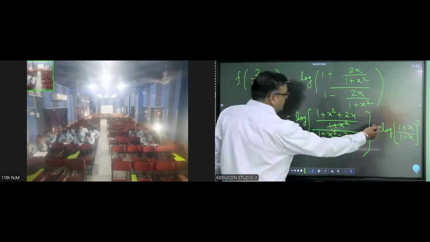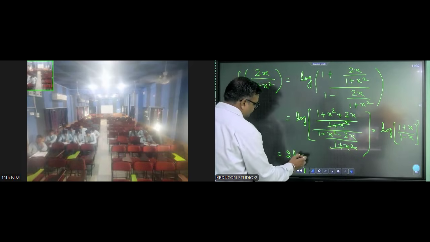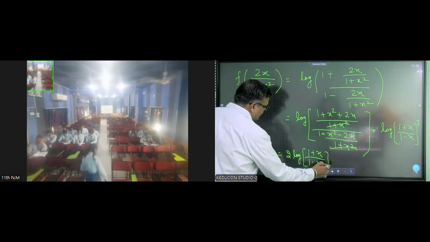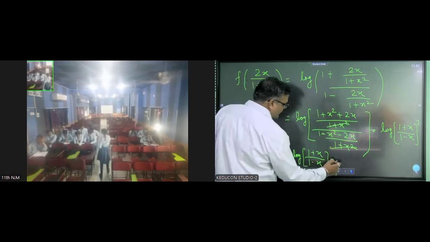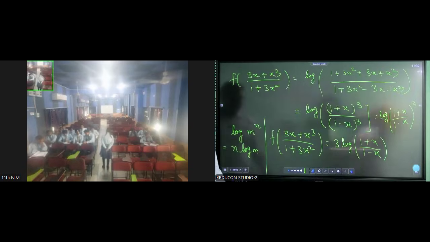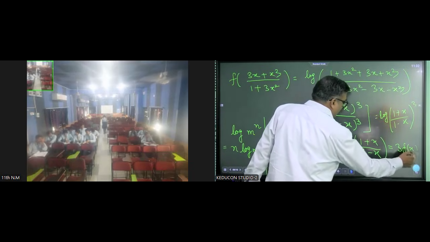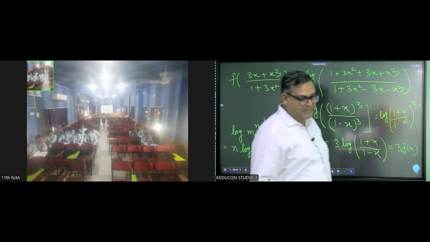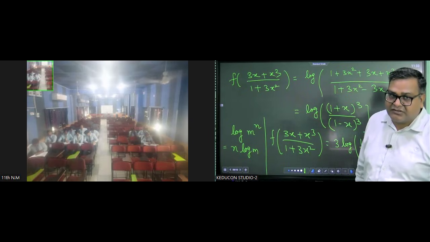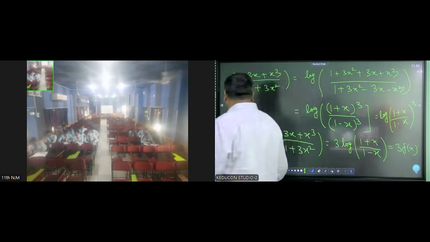Again, applying the log property, log m raised to power n. So this will become log (1 plus x over 1 minus x), and this part is f(x). So we can write 2 times f(x). Similarly, in previous way, here we can write 3 times f(x). तो बच्चे हमें क्या answer आ गया हमारे पास?